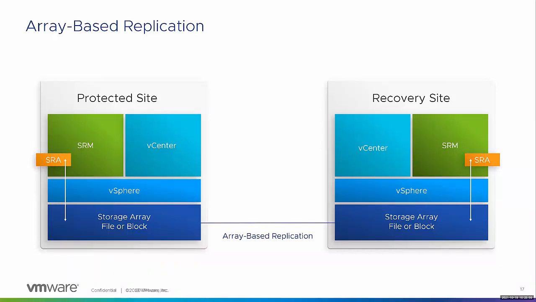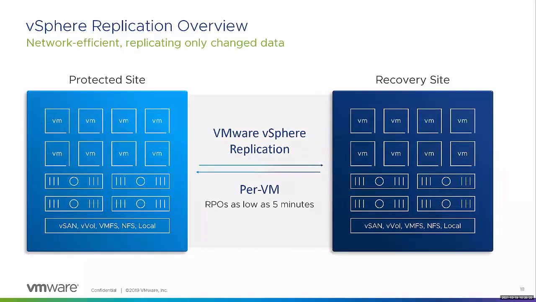You have to potentially reorganize your VMs so that they align with your storage in order to support that, which makes it a little more challenging to deal with. But array-based replication is tied to that underlying array function and utilizes the SRA for the communication. Go ahead and next slide, please, Sudhir.